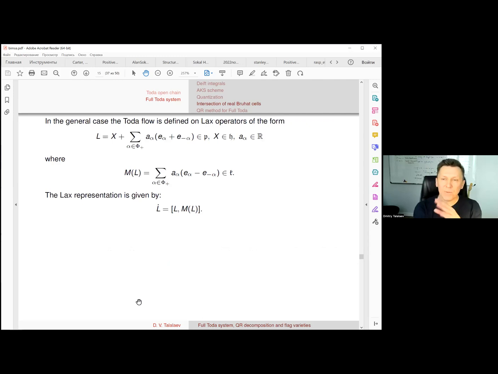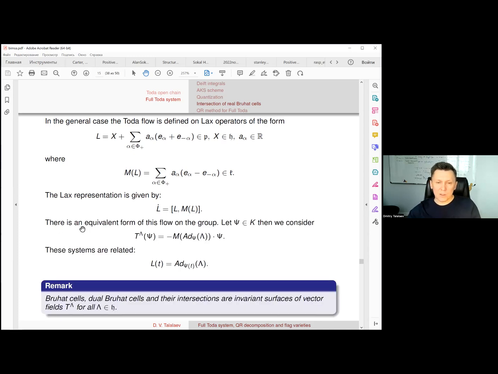So let us consider the Toda flow corresponding to some root system phi. So here is an expression of the Lax operator for the M operator, which plays a role in the Lax form of this dynamics.